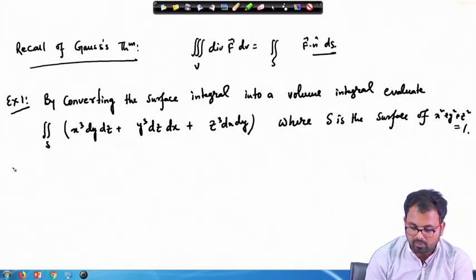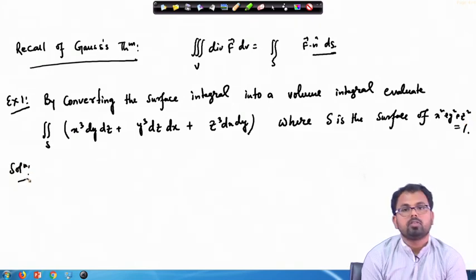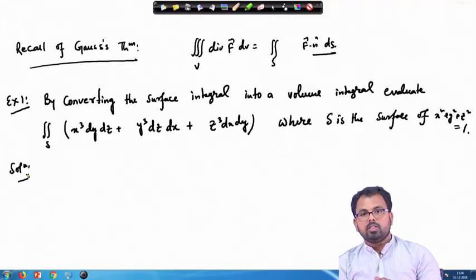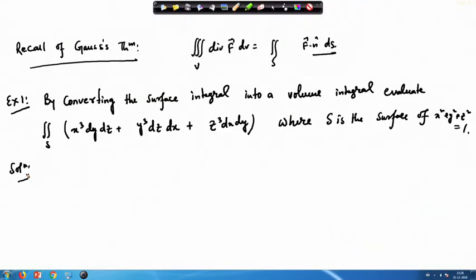This is a sphere, and we have to convert the surface integral over this sphere into a volume integral, and then calculate the value of the surface integral.